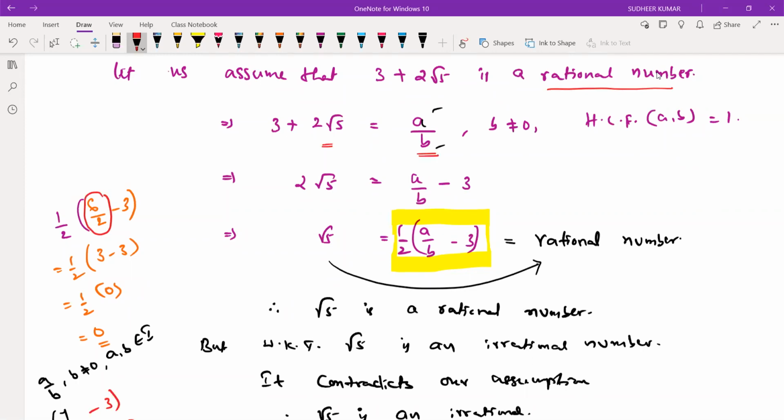So a by b also must be a rational number. Whatever indices you are going to select, you must choose the values which give the rational number. When a by b is a rational number, minus 3 is also a rational number, we know that. Rational number minus rational number gives a rational number. Is it clear, ma? Yes, sir. That's it.